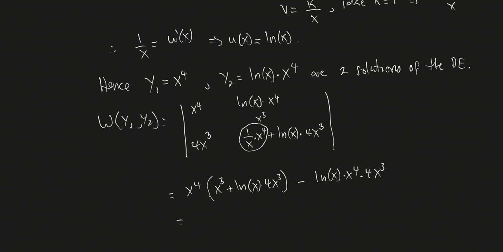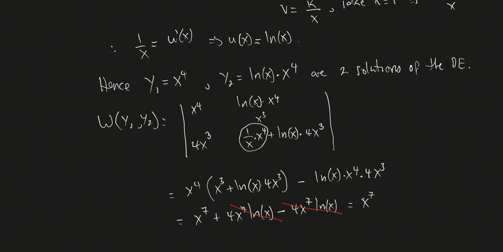If I distribute this, I'll have x to the seventh, and then plus, I'll write the polynomial first, 4x to the seventh natural log of x, and then minus, look, we got the same thing here, 4x to the seventh times the natural log of x. So the natural log of x terms go away, and we're left with x to the seventh.